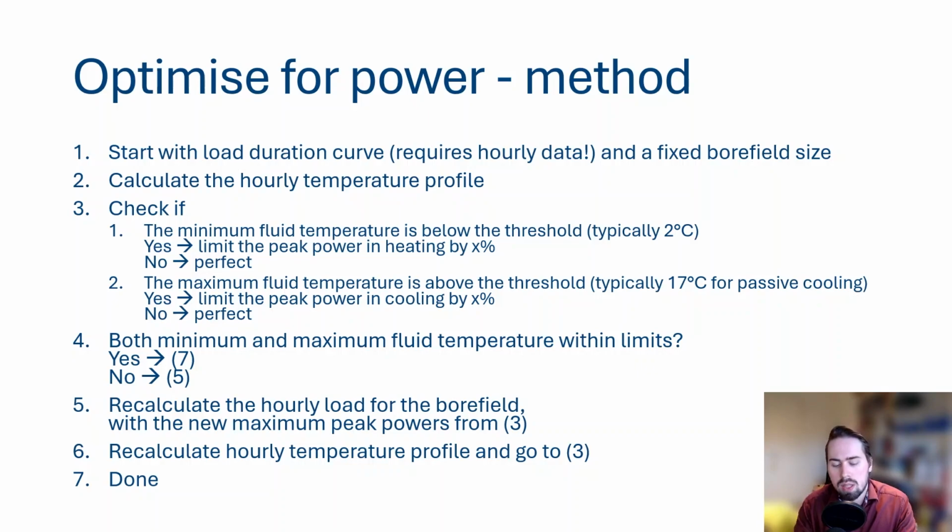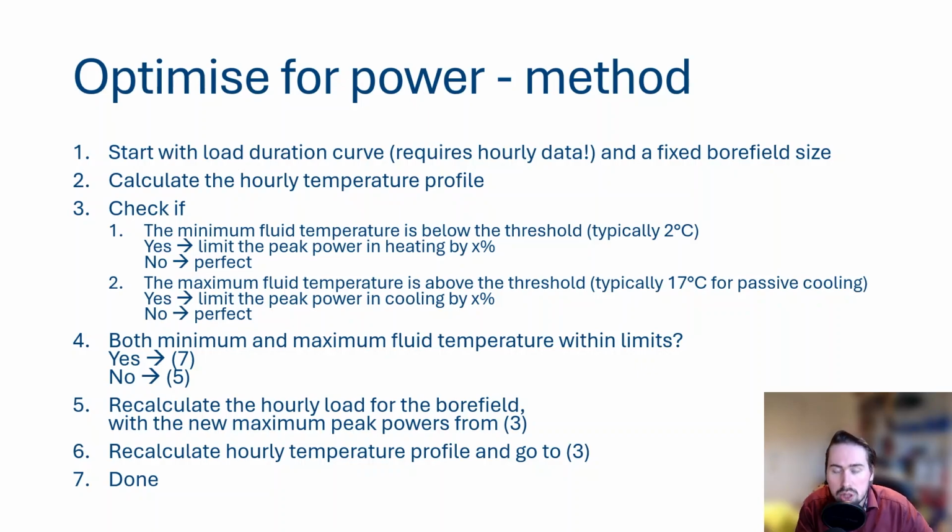So when we say, well, if the average fluid temperature crosses the maximum temperature limitation, then we can say there is a problem with cooling. And if there is a problem with cooling, then we need to decrease the cooling load by X%. And if the temperature limitation for cooling is not crossed, then it's perfect. Then we don't need to do anything.